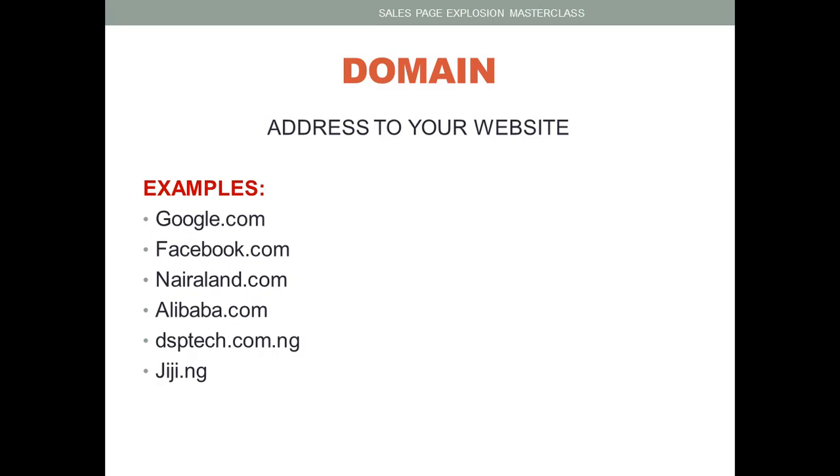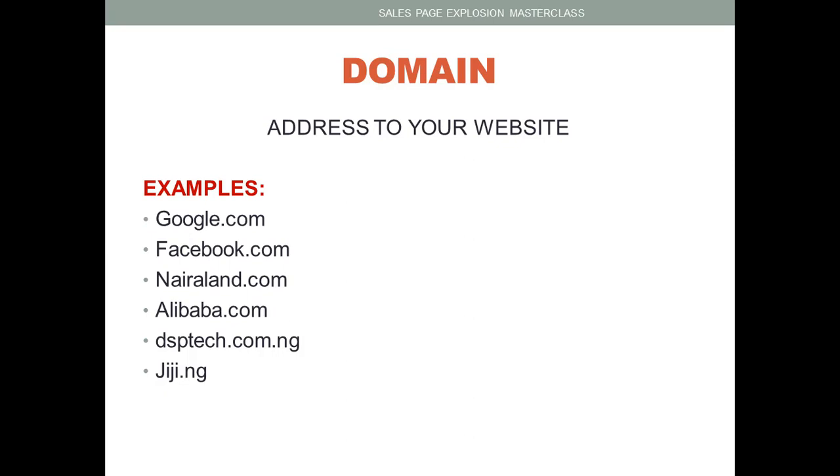But for we human beings, because an IP looks like 196.24, now imagine you having 5 websites that you visit often, and you have to cram the IP address of those websites. That will be a very tedious task for us human beings. That's why we have domain names.